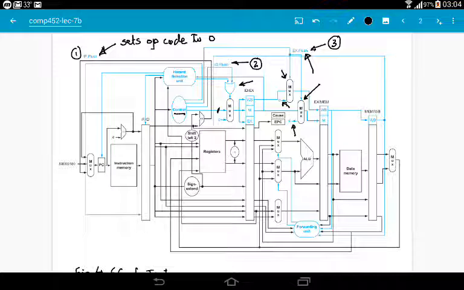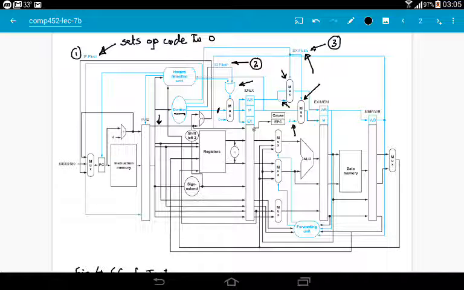Now let's come to the other important thing. This was the program counter plus 4 value which was propagating from the IFID pipeline register all the way to the IDEX pipeline register.